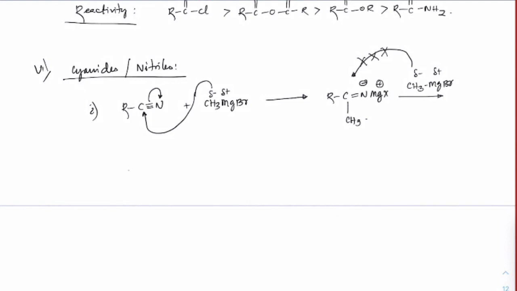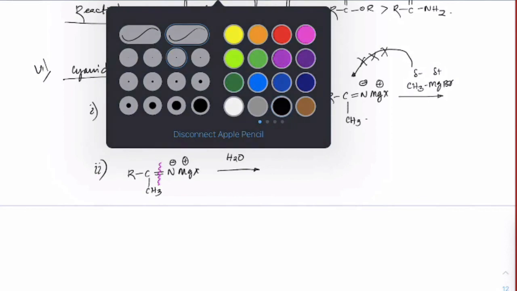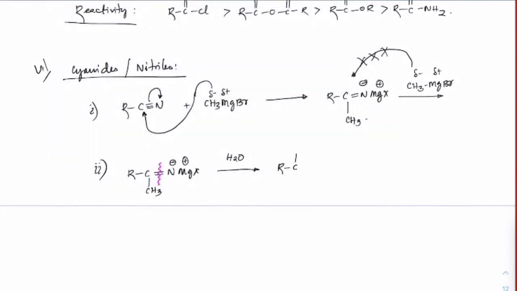But if you hydrolyze after this, like we have CH3 step 2, C double bond N minus MgX plus, if you hydrolyze this, then the C double bond N bond will break here, so we will get C double bond O CH3 plus NH3 will be forming, and magnesium would become MgX and OH.